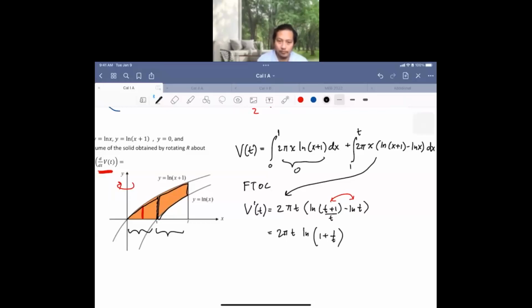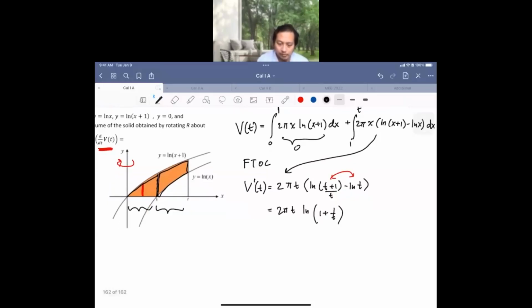Then substitute, because t is going to infinity. If u is 1 over t, then u is going to 0.